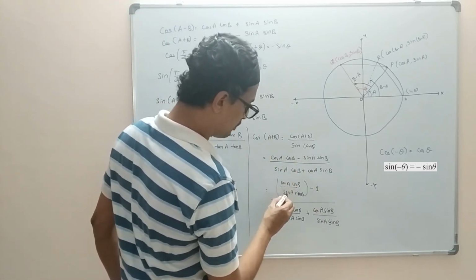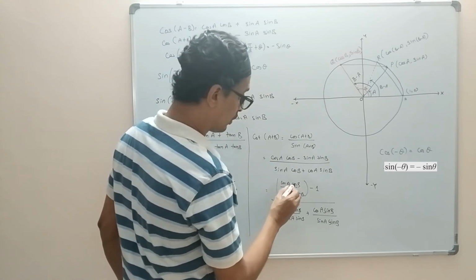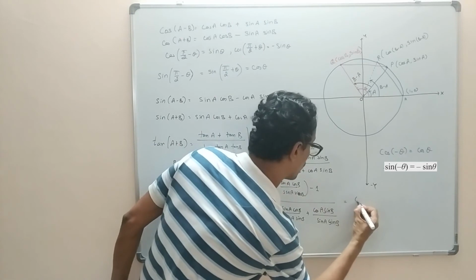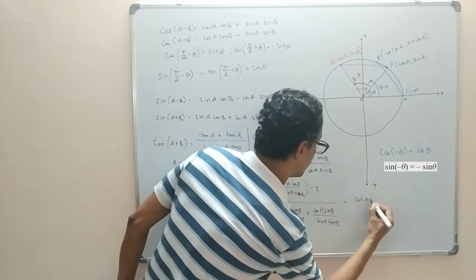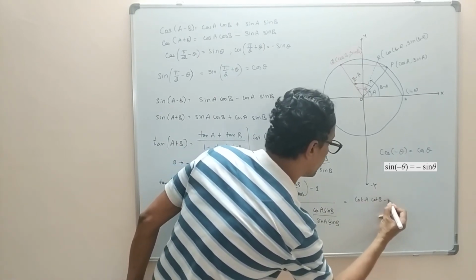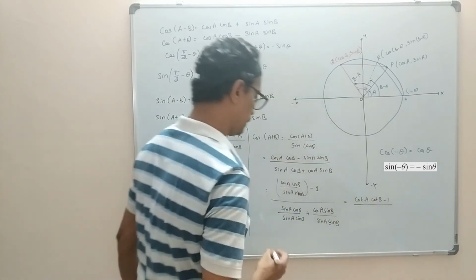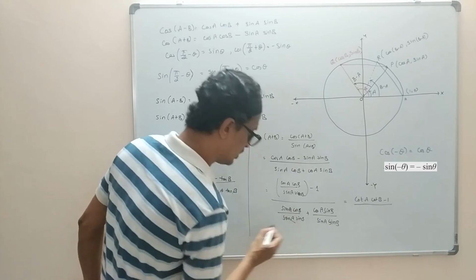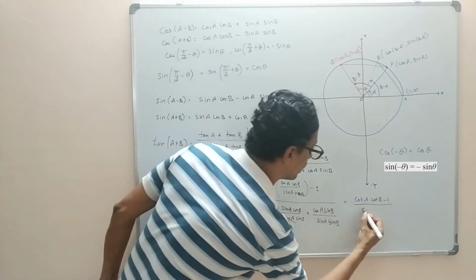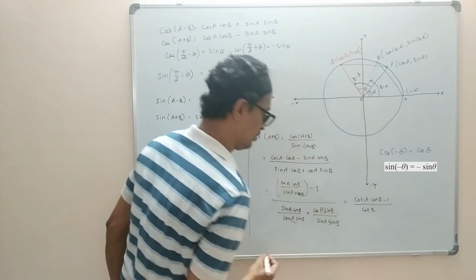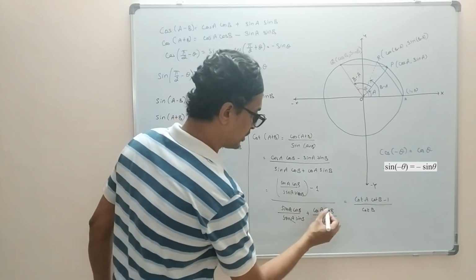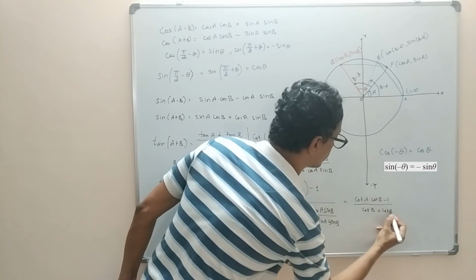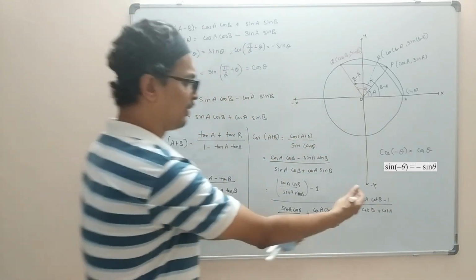Now cos A by sin A is cot A, cos B by sin B is cot B. So this will be cot A cot B minus 1 divided by, sin A cancels, so cot B plus, sin B cancels, cot A. We can reverse also, positive, no?